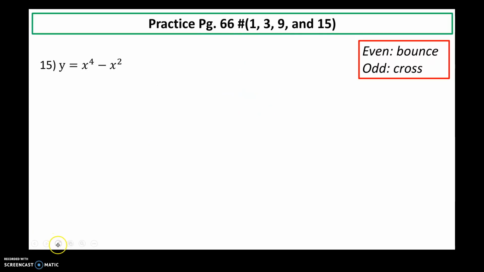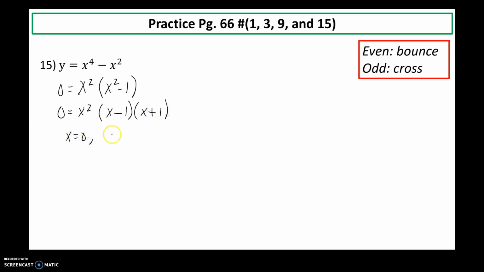Last example. Now this one asks us, in order to find the zeros, you first have to factor it. So x squared in common, leaving me with x squared minus 1 when I factor that out. x squared minus 1 is the difference of perfect squares, so that factors to x minus 1, x plus 1.